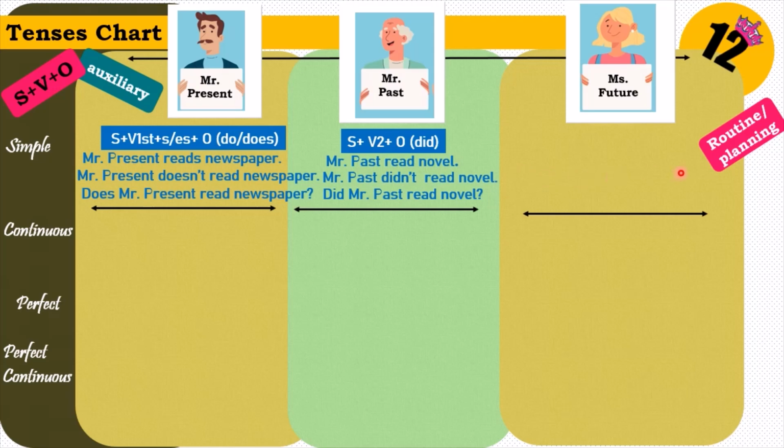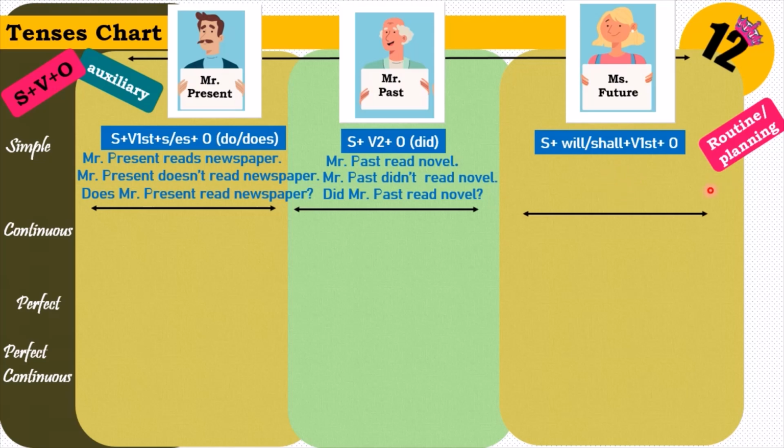So here it is. Coming towards the simple future tense, we have this structure. The subject in the initial position, we will place will or shall. Will is added with the singular pronouns, but if we talk about I and we, we place shall. Then we have verb first form.